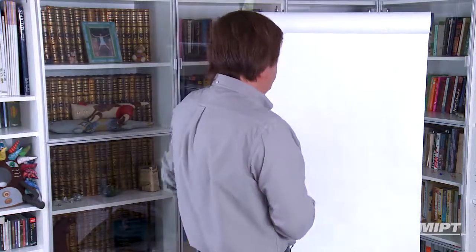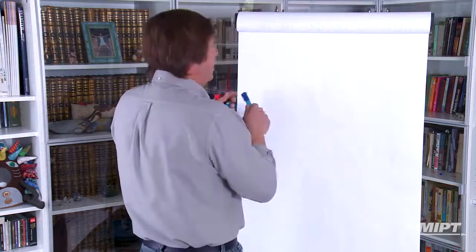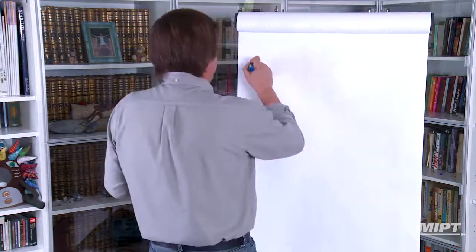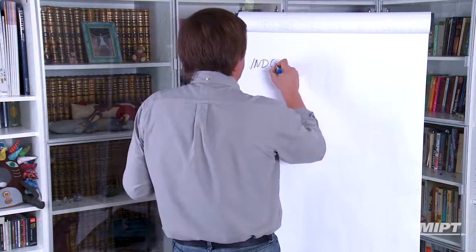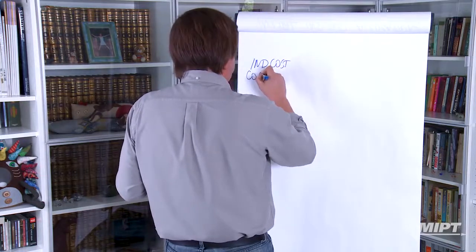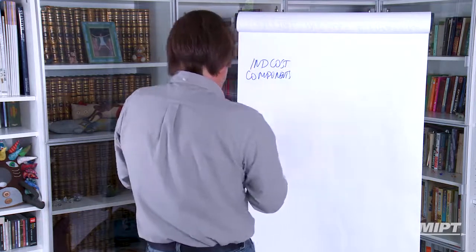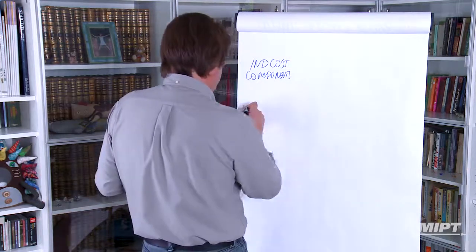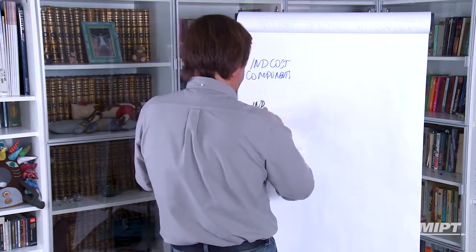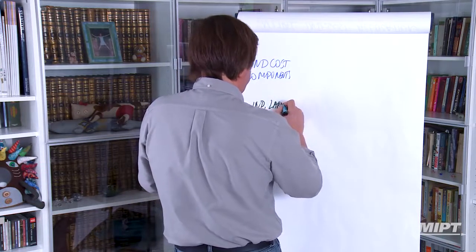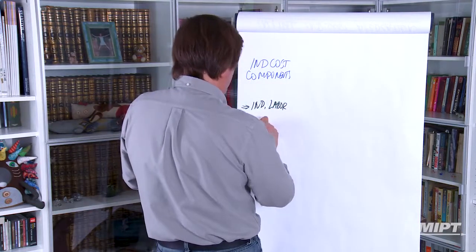And now I will draw a chart here. And this will be indirect cost components. Again, remember, this is indirect labor. This is warehousing.